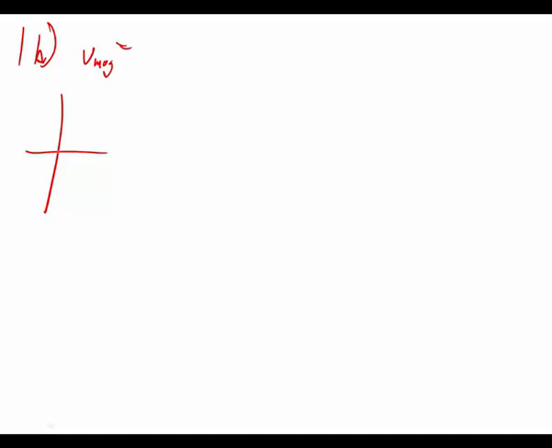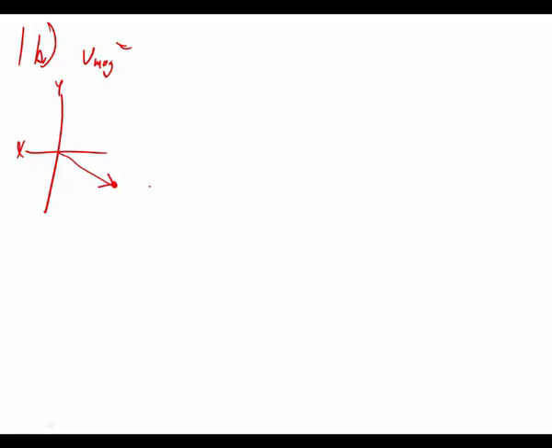So my line's going to be something like that right there. This is Y and that's X. It's going to look something like that, isn't it? Because look, where do those coordinates put me? They put me right there.